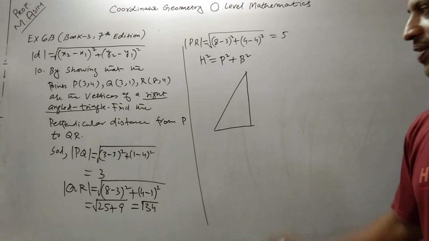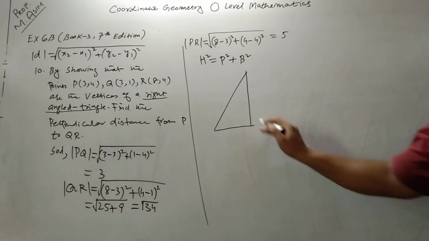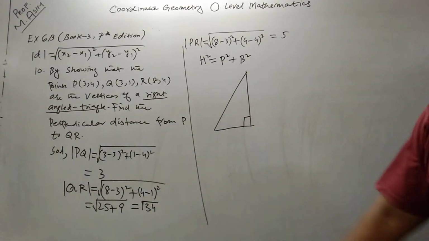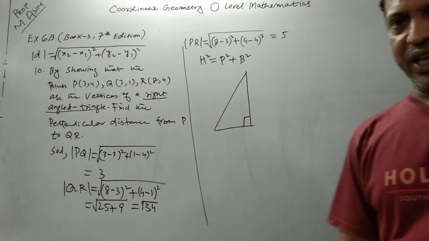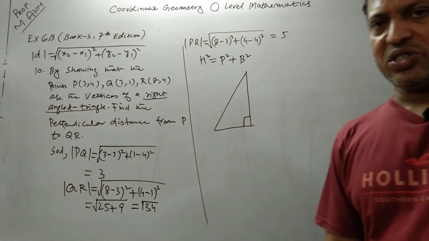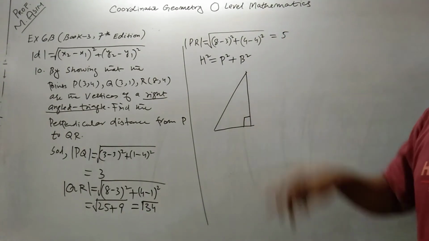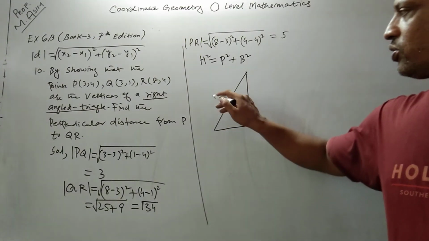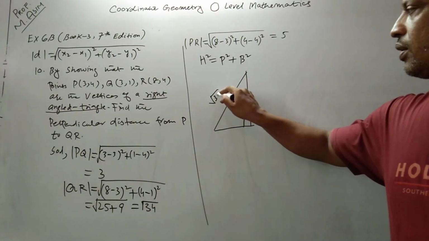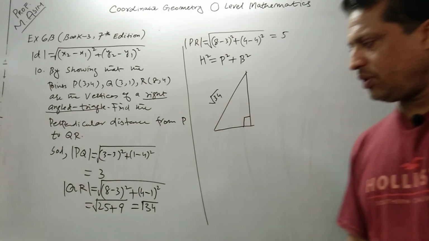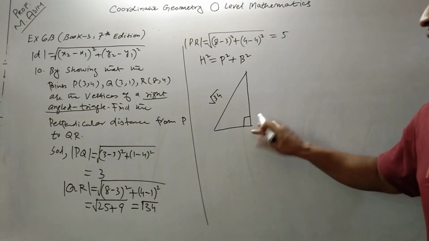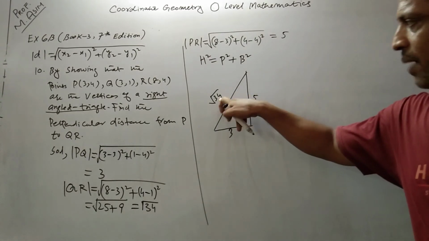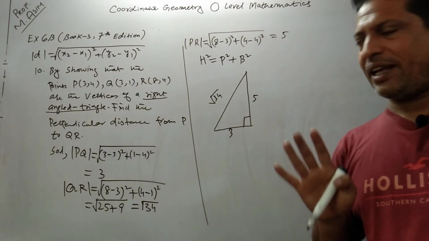Hypotenuse is the longest side in a right angle triangle. The value of PQ is 3, QR is root 34, PR is 5. So the longest side and the highest value is root 34, so this should be our hypotenuse. For the other two sides you can assign any side to 5 or 3, no matter. But the hypotenuse should be the longest line.